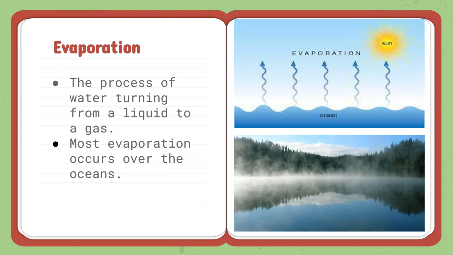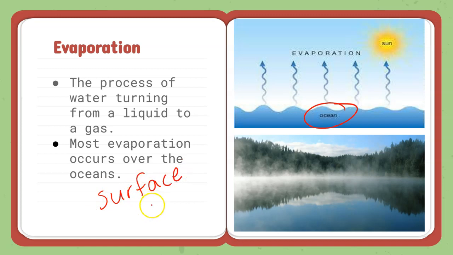The first one is evaporation. The process of turning a liquid to a gas, that is evaporation. It happens all the time, but it happens the most over the oceans, simply because of surface area.